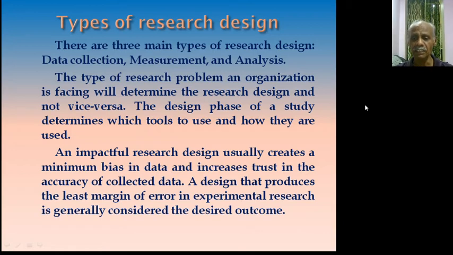The design phase of a study determines which tools to use and how they are to be used. An impactful research design usually creates minimum bias in data and increases trust in the accuracy of collected data. A design that produces the least margin of error in experimental research is generally considered the desired outcome.